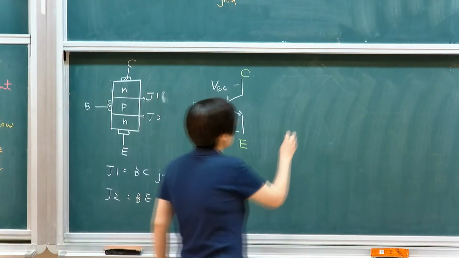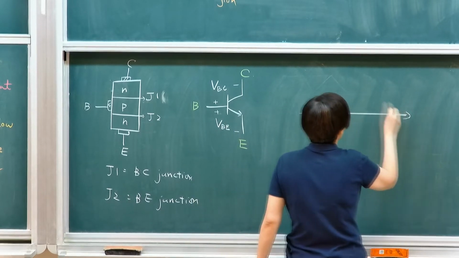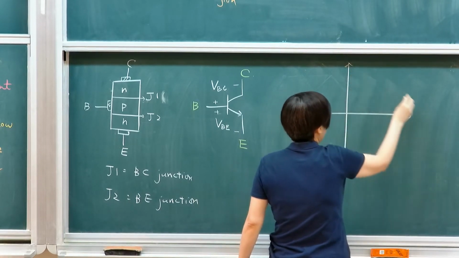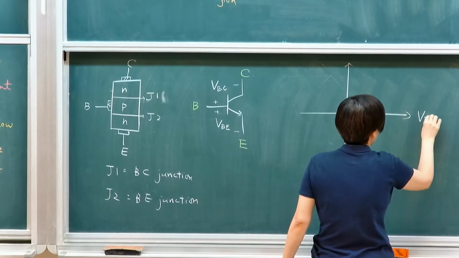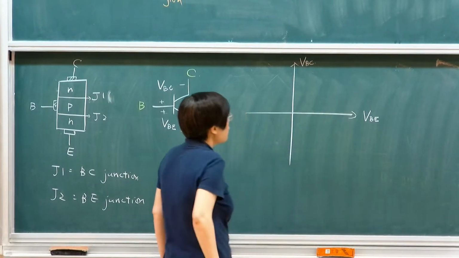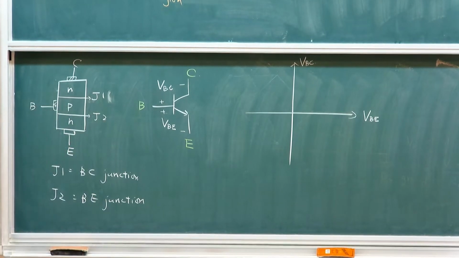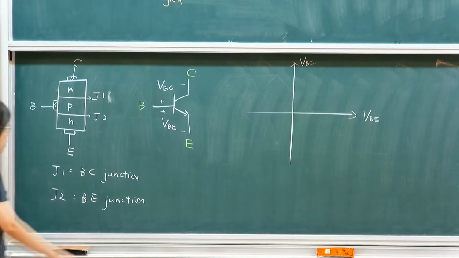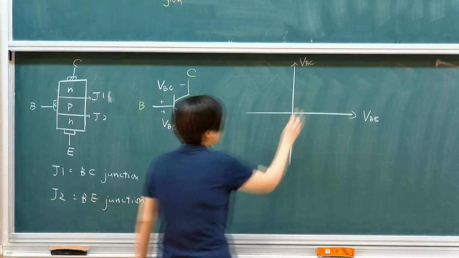To discuss this, we typically use this plot to look at how much VBE and VBC. And this is a little tricky because we know that for the diode to turn on, it needs an on voltage. So we'll typically use a line.